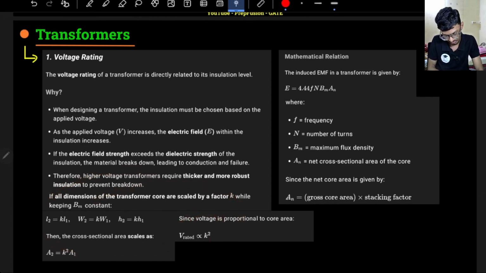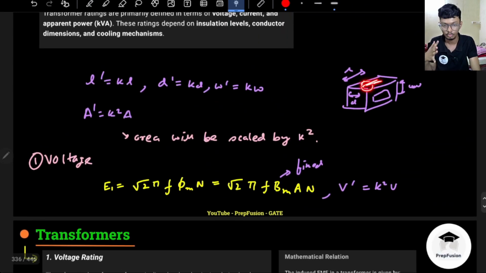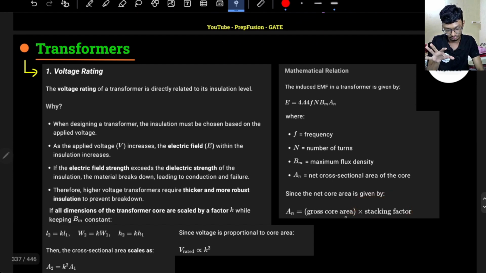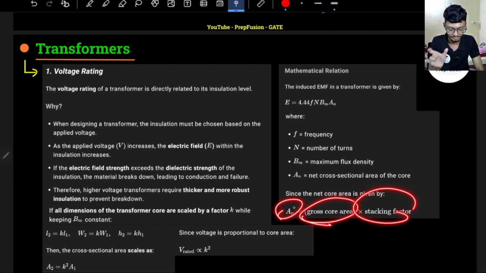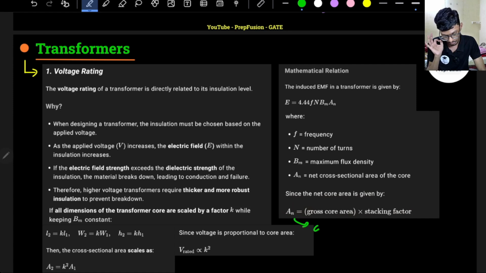Another term is known as net area, because the flux actually does not flow through the whole core. There is a term known as stacking factor. So the overall core area into the stacking factor will be the net area through which the flux will flow. Basically, net area means the area through which the flux is flowing. Just a theoretical point, that's it. Don't have to get into too much detail here.